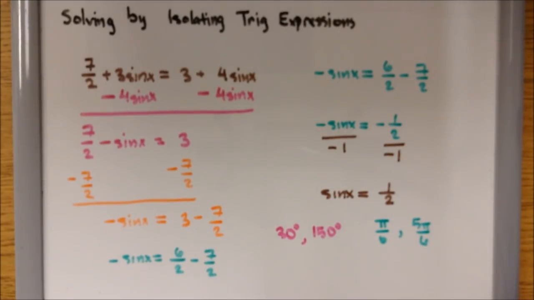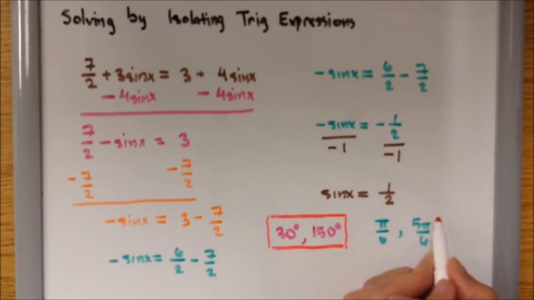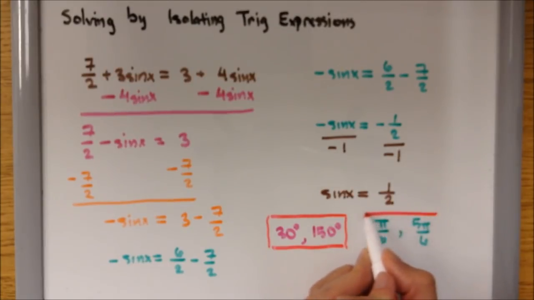So depending on the question, and most of the time it will be in radians, but sometimes I might ask in degrees. The value of x, where sine of x equals 1/2, is 30 degrees and 150 degrees, or pi over 6 and 5 pi over 6.